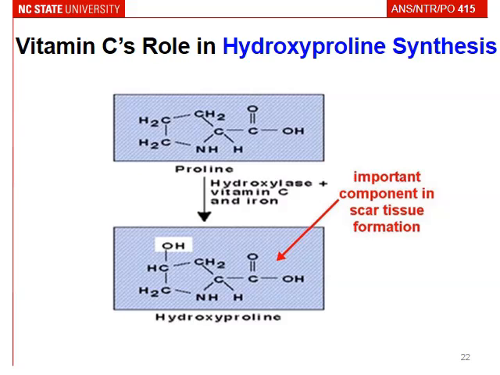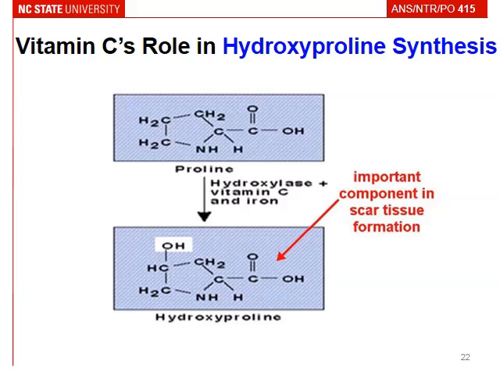So as I mentioned before, it's an important component of collagen synthesis, and that's because we need vitamin C. It's a cofactor, meaning that it has to work with the enzyme to have the reaction occur. So here we have proline, which is our amino acid. Within our collagen, it actually is converted to hydroxyproline. So we need hydroxylase, vitamin C, and iron.